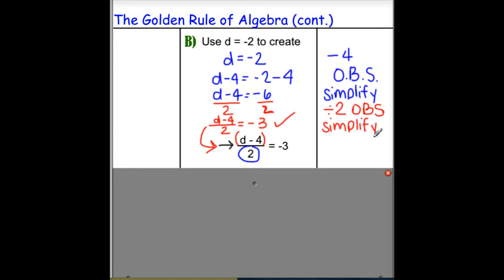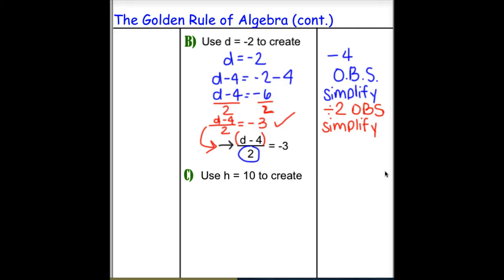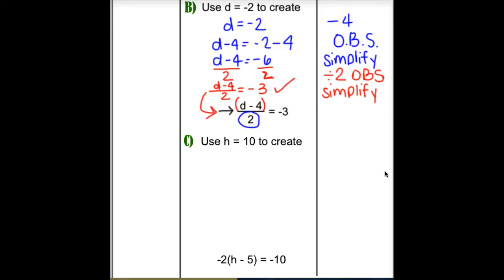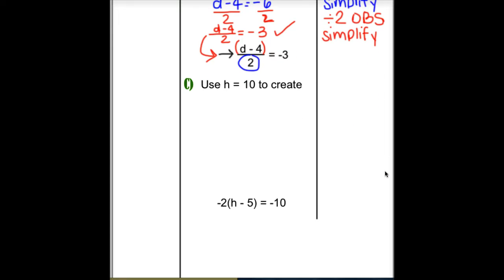Let's go ahead and take a look at another example. This time we're going to use h equal to 10 to create negative 2 times the quantity h minus 5 equal to negative 10. Order of operations says that I need to do what's in parentheses first.